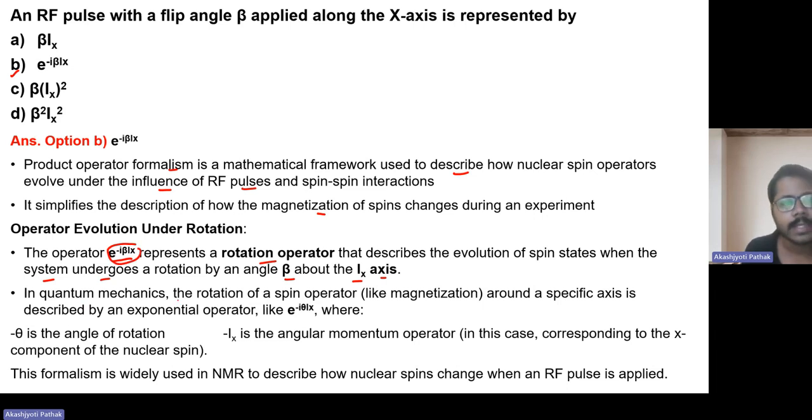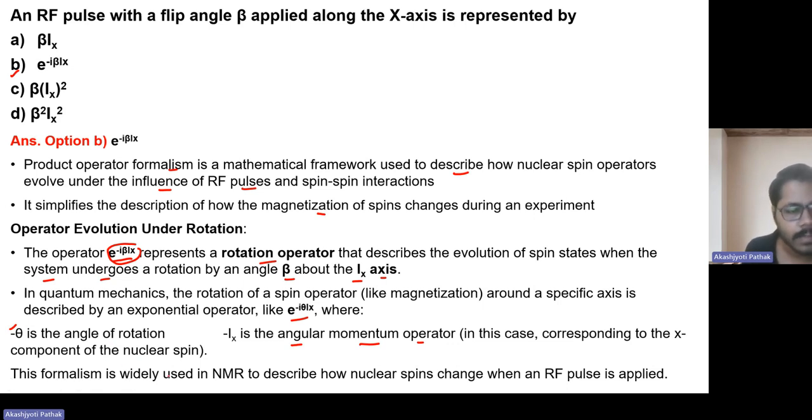So in quantum mechanics terms, the rotation of a spin operator, like magnetization around a specific axis, is described by an exponential operator like e to the power minus i theta Ix, where theta is the angle of rotation, right? And Ix is the angular momentum operator, the spin angular momentum operator, in this case corresponding to the x component of the nuclear spin.